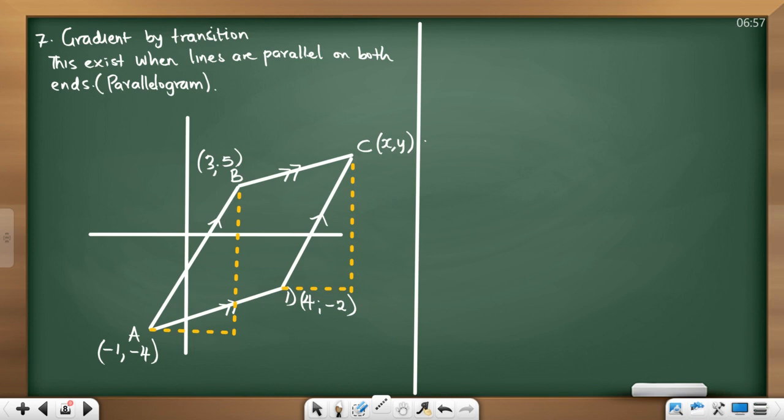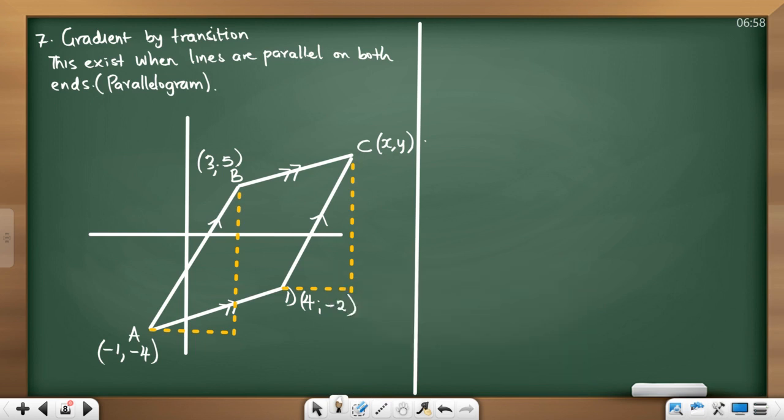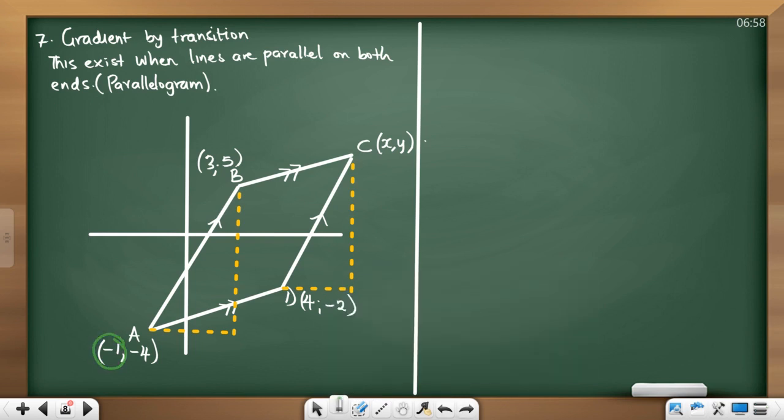Let's look at the vertical shift quickly, and the horizontal shift. Look at A, -1. Let me use a highlighter so you can see that. -1, that's the x value of A, and the x value of B is 3.